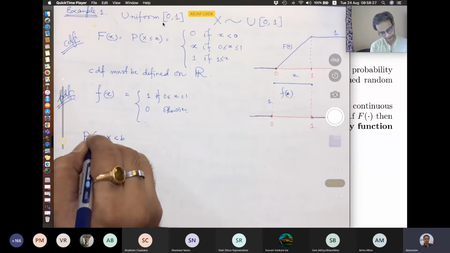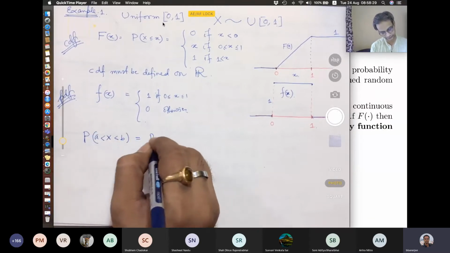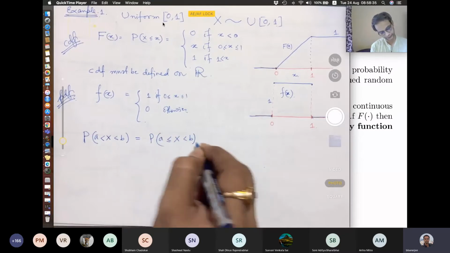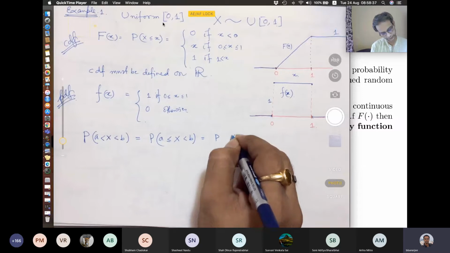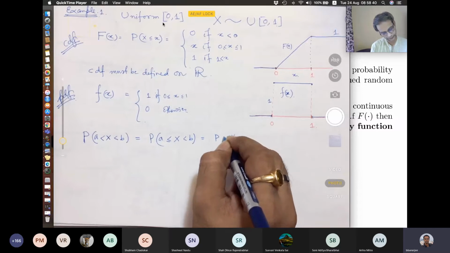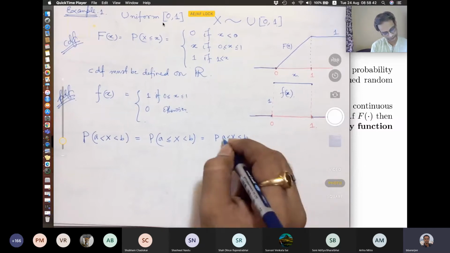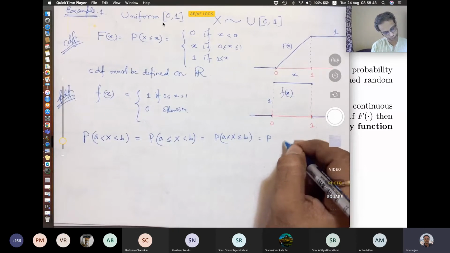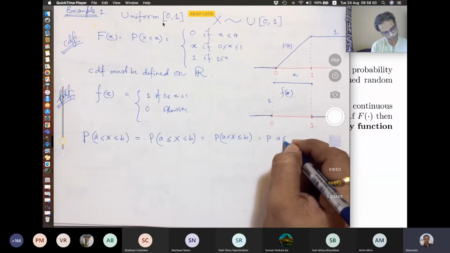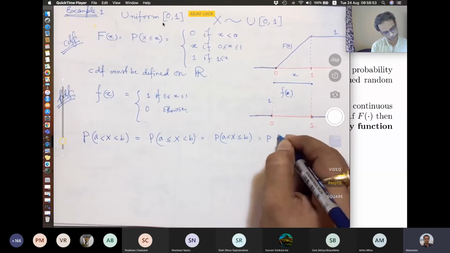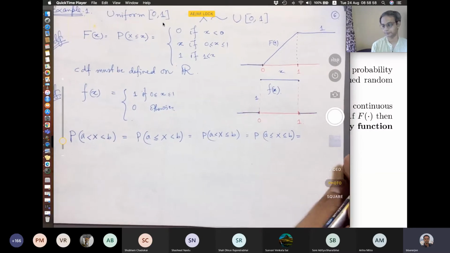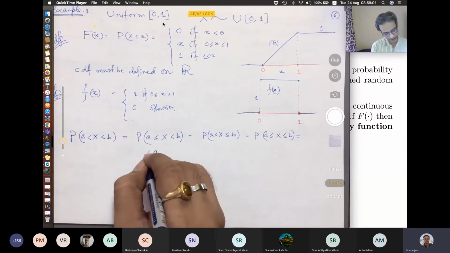So tell me all these probabilities. What will be this one when a is greater than or equal to 0?